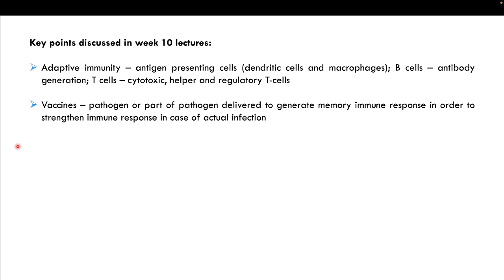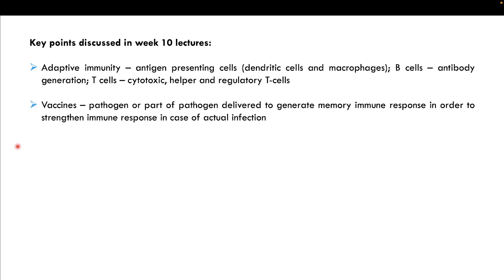Suppose there's a pathogen and you know what that pathogen is, and to avoid getting a severe infection when this pathogen enters your body, we take something known as vaccines. These vaccines could be an inactivated pathogen or a part of that pathogen which we deliver into our body. Let our body develop an immune response against that. This will be the first immune response, and your body also makes memory cells.